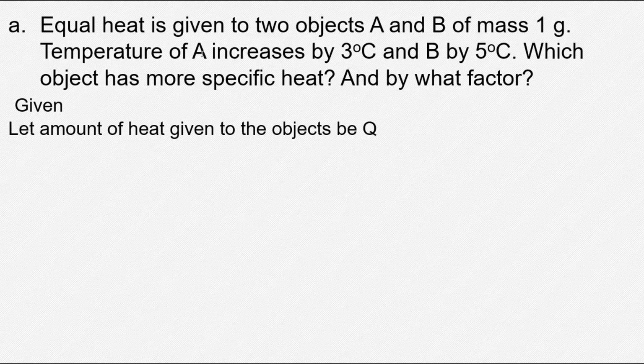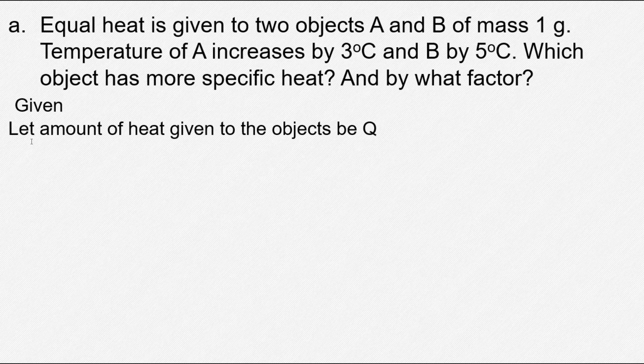Here, equal heat is given to two objects. That means two objects are there, A and B, and the mass is also given, 1 gram. We don't know how much heat is given. The only thing we know is equal heat is given to the two objects.